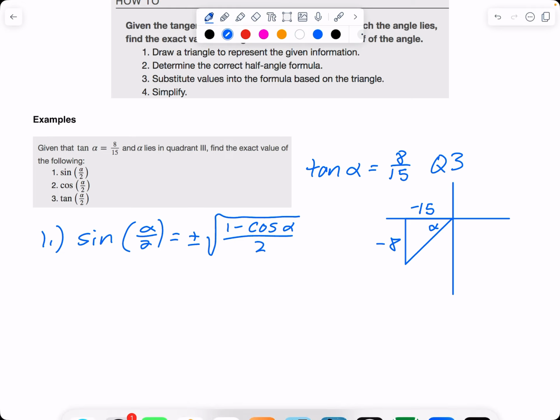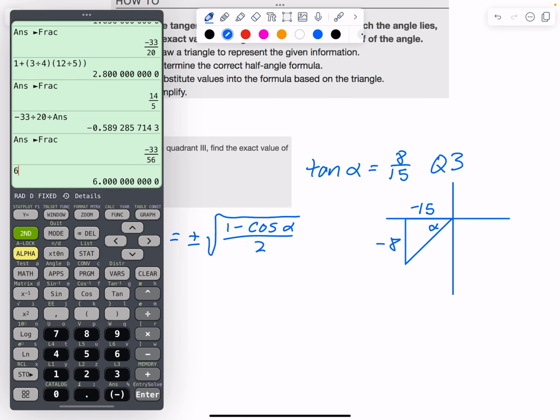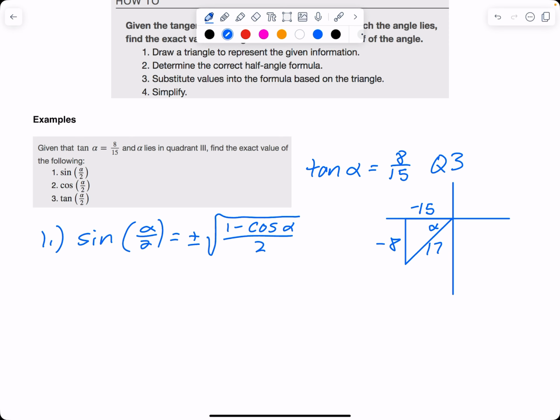And we have to figure out what goes on that hypotenuse. So that's going to be 8 squared, which is 64, plus 15 squared, which is 225. That gets me 289, which tells me if I take that square root, I get a 17 there. So I found all of my triangle here, and now I can use this to answer my questions.